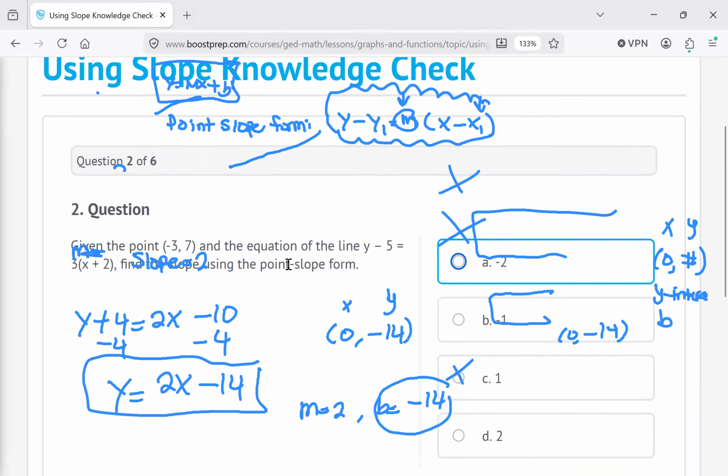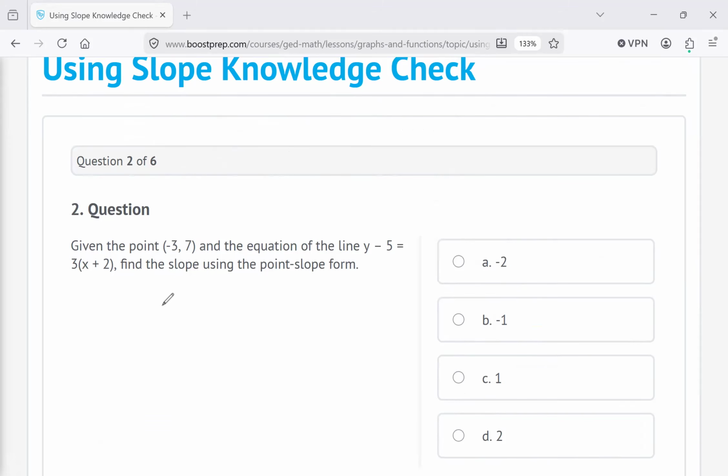Okay, let's move on to question 2. So question 2 says, given the point -3, comma 7, and the equation of line y minus 5 equals 3 parentheses x plus 2, find the slope using point slope form. So what is point slope form?